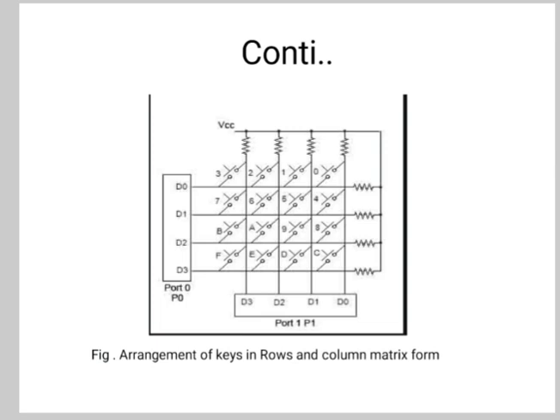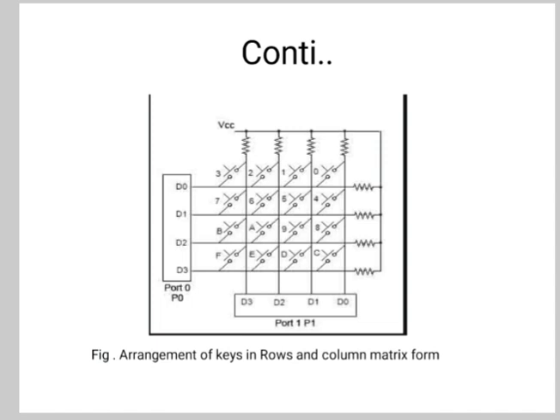Now that we have the basics of the keys arranged in a matrix, now the logic behind detecting a key press using a microcontroller. To detect the key that is pressed, the two ports of the microcontroller are connected to the rows and columns.